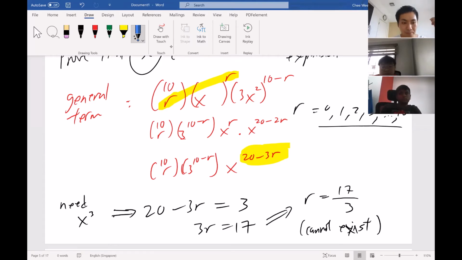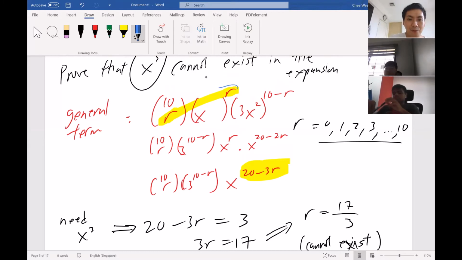That means you will actually still get r to be a non-whole number, and that proves the thing also. It's just that maybe your r value will not be 17 over 3. It might be something different from me, that's all. But that's not the point here. The point is you will still get r to be not an integer, and that's the whole key to this question.